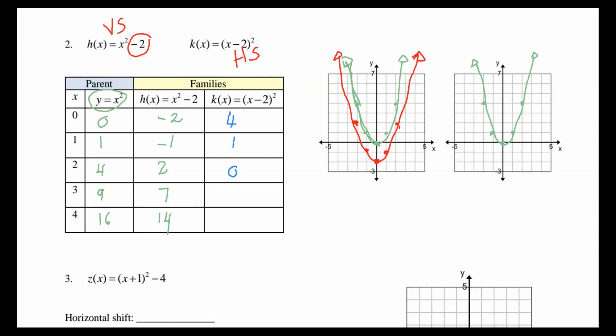And then when you put 3 minus 2, 1 squared is going to be 1, and then 4. 2, 0.